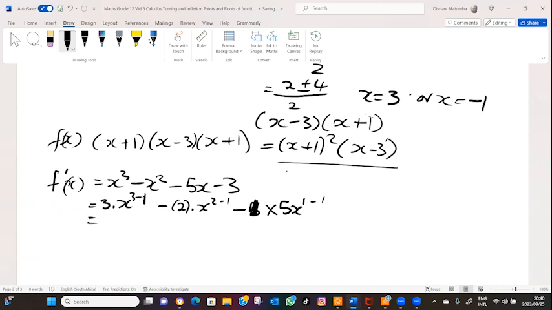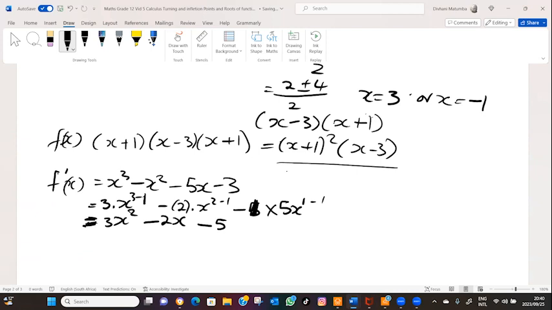Now we're going to have 3x squared minus 2x minus 5. Now, this is the derivative equation.